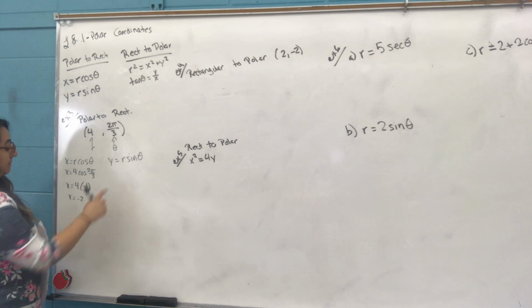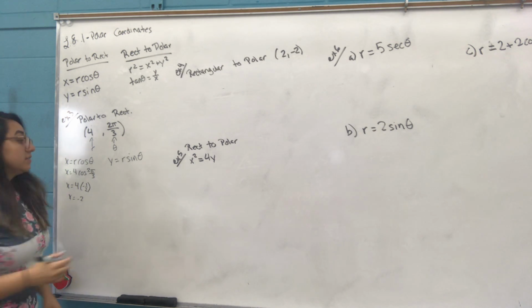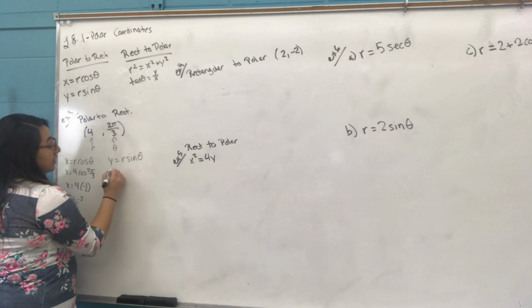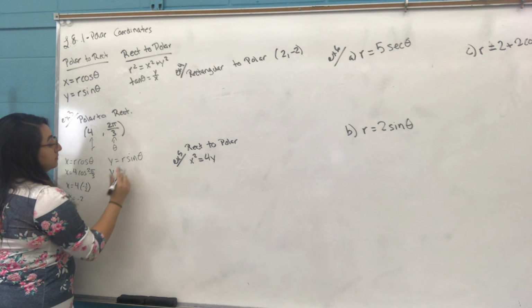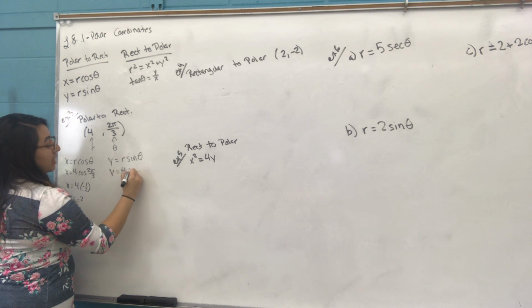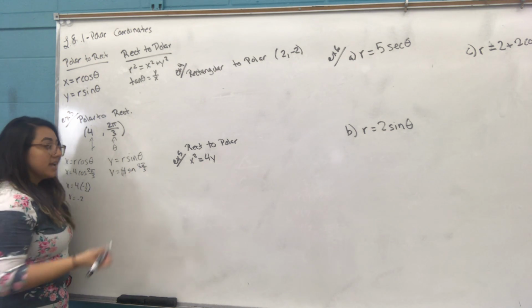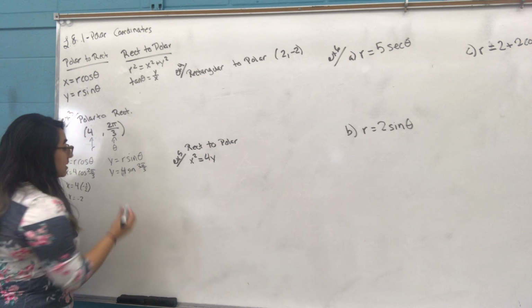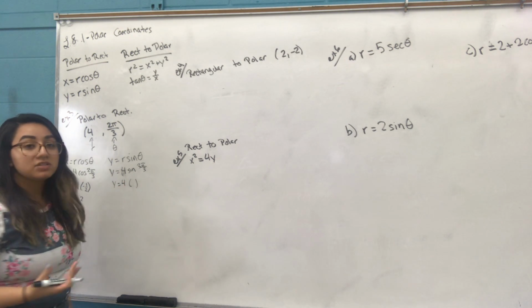Our y here is r times sine theta. So now we have to go ahead and find it. We plug in what we know. Oops, it's 4, the radius is 4. Then we have the sine of the angle. The angle is 2π over 3, and 2π over 3 is 120 degrees. Now, to simplify even more, we do 4 times sine of 2π over 3.